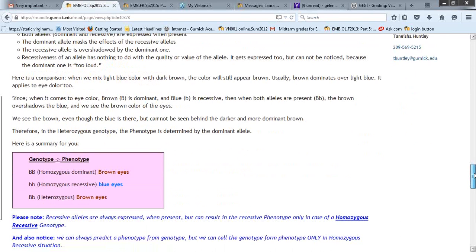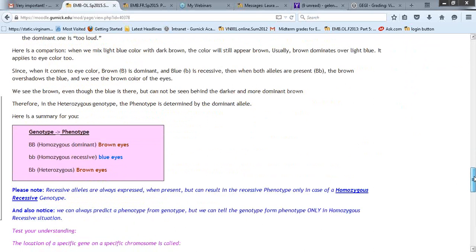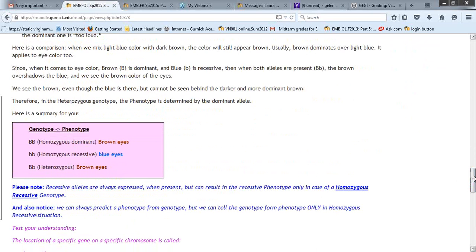Okay, all right. So what we need to understand is this: when we have a homozygous genotype with both alleles being dominant, we call that genotype homozygous dominant. Both alleles are the same, they're both dominant.